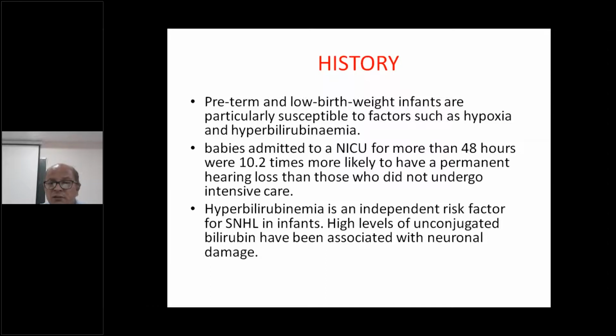If amikacin is used, then there is definitely a chance of developing permanent hearing loss. Hyperbilirubinemia is an independent risk factor for sensorineural hearing loss in infants. High levels of unconjugated bilirubin have been associated with neuronal damage, particularly to the cochlear nuclei.